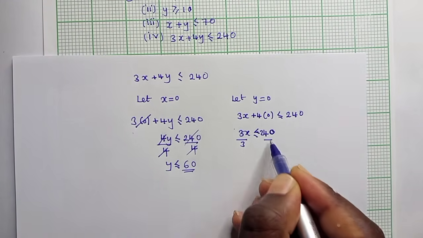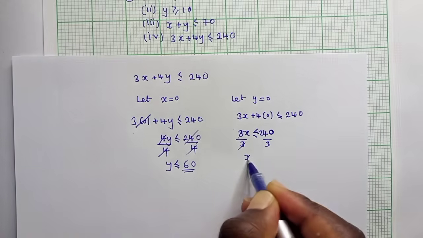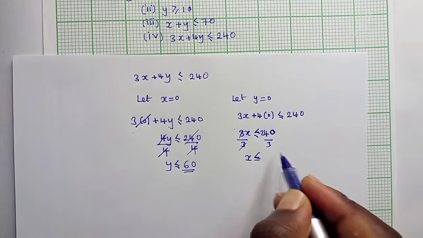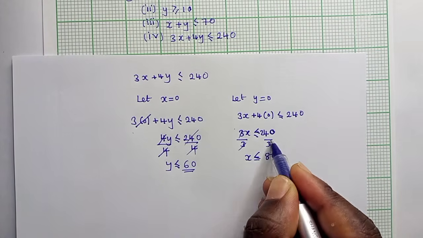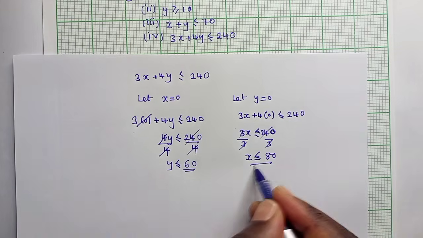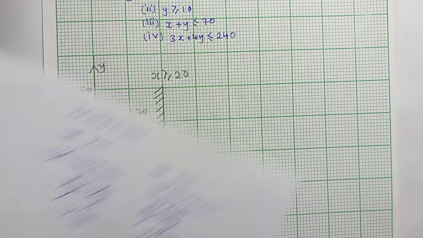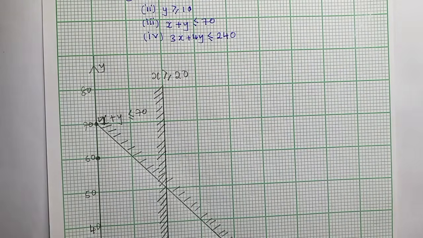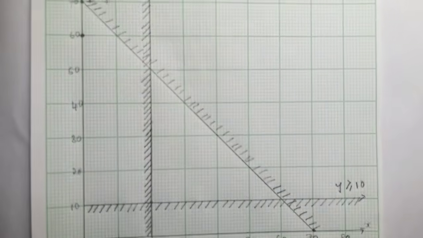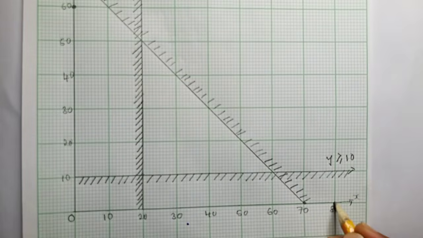Divide by 3, divide by 3. x will be less or equal to 80, because 240 divided by 3 is 80. So it's passing at 80. So let's find where 80 is. So 80 is right here.